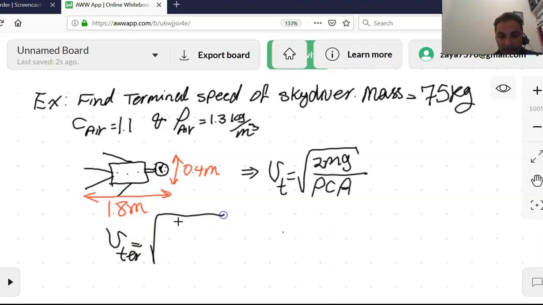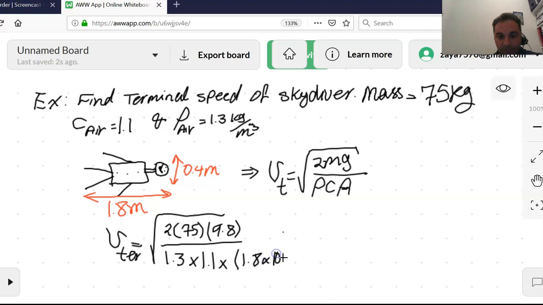So it's radical 2, his mass is 75, g is 9.8, rho is 1.3, C is 1.1, and his area will be 1.8 times 0.4. Okay, so I'm going to take the square root of this value.